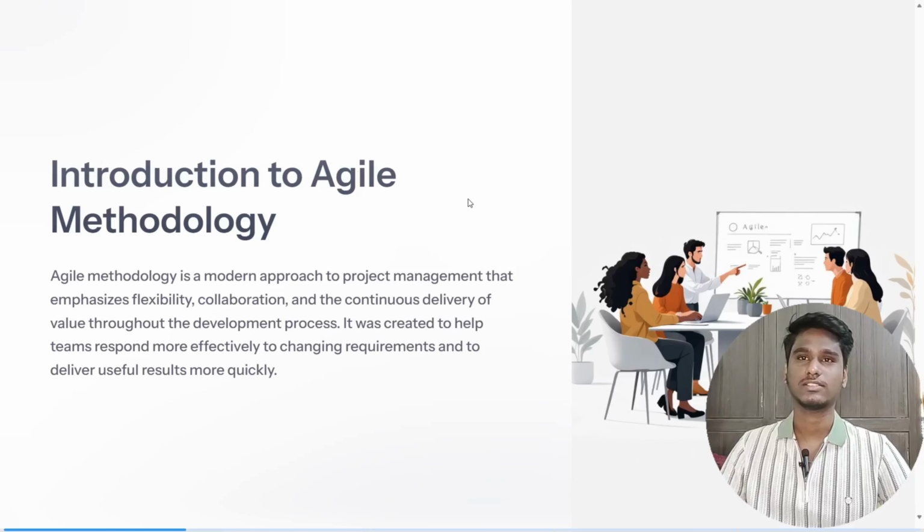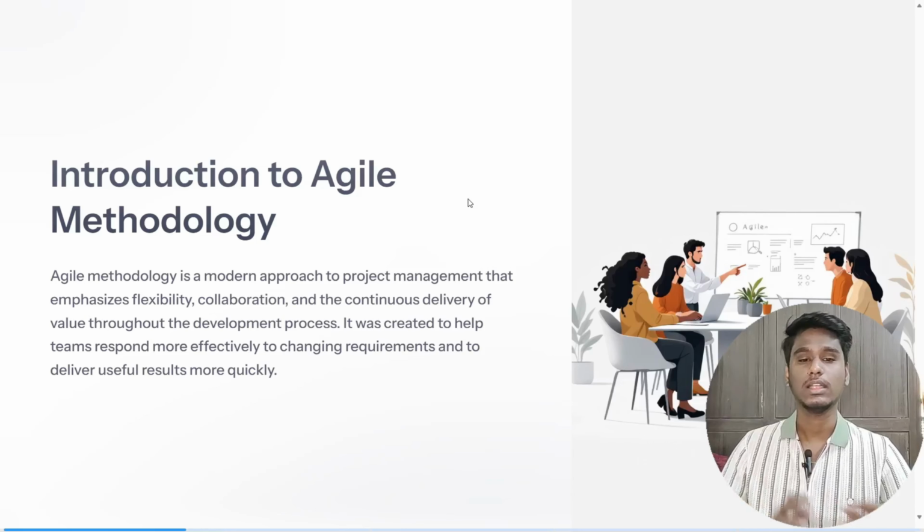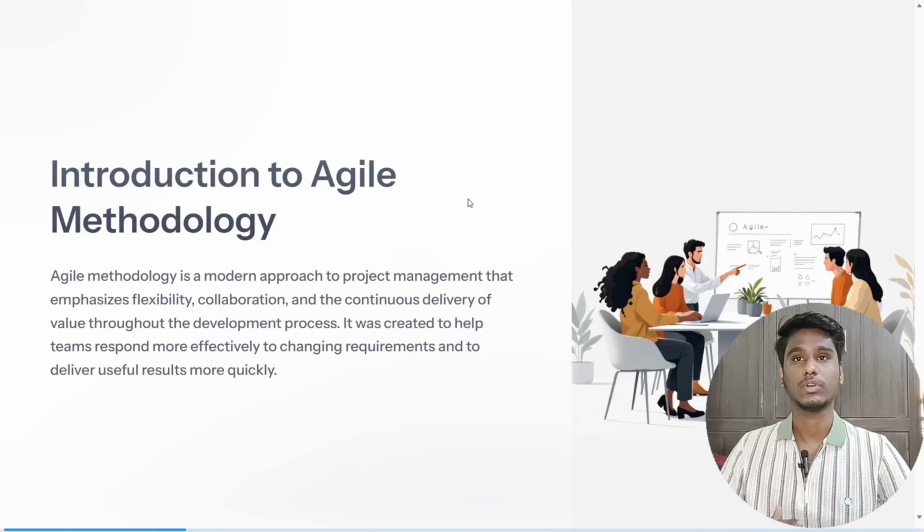Coming to the introduction of Agile, Agile methodology is a modern approach to project management that emphasizes flexibility and continuous delivery throughout the development process. It was created to help teams respond more efficiently to changing requirements and to deliver useful results more quickly.